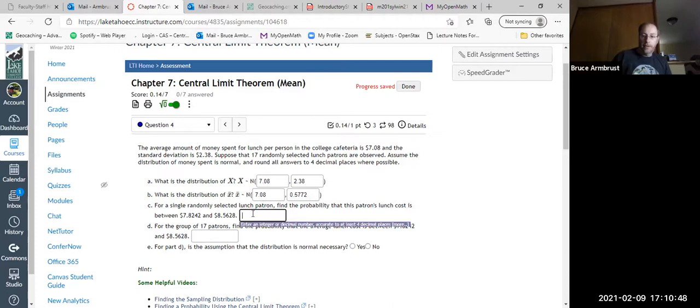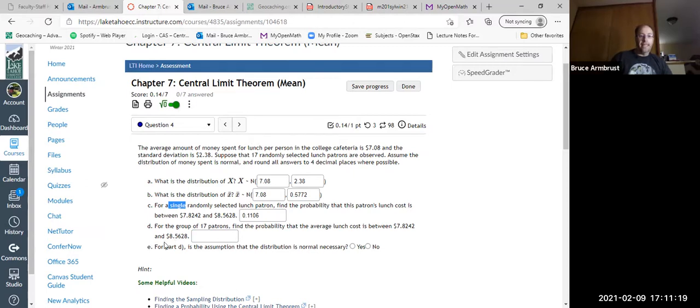And so I'm going to go ahead and put it in here. And I got 0.1106. So with your technology, go ahead and do it. Hopefully you get the same number. But that's what you should get when you're using the first distribution. And we're using the first distribution because of a single randomly selected patron.